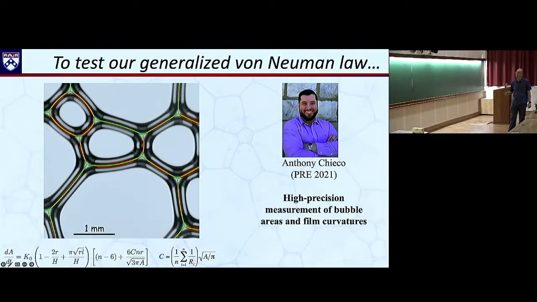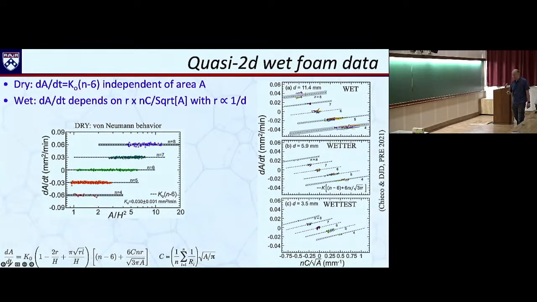The green represents the average radius of curvature, and the red represents our uncertainty in the curvature. So we've got error bars on that, which is important as experimentalists. Got to know your uncertainties. With that, we can check things out. So here is the dry limit that we talked about before.